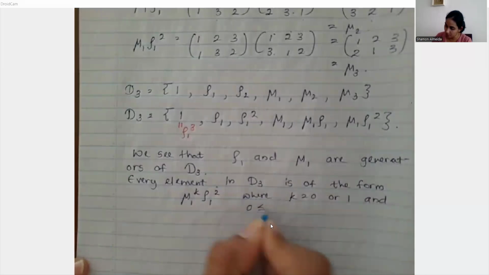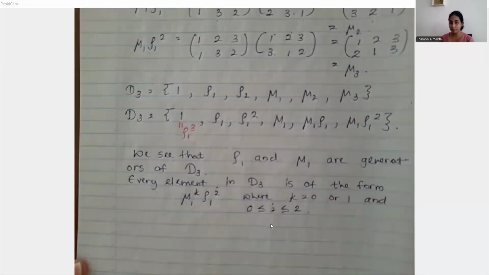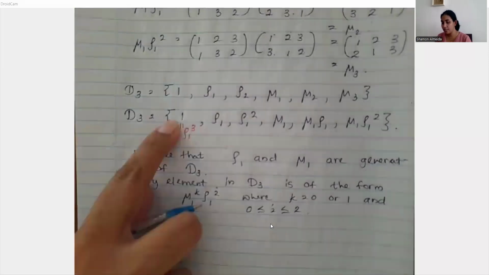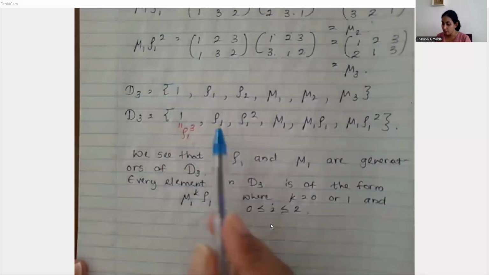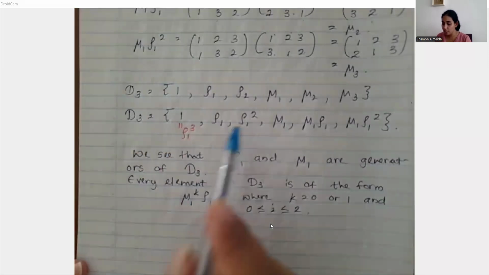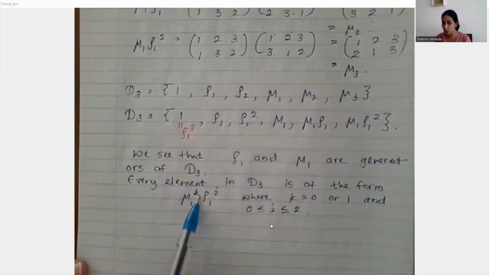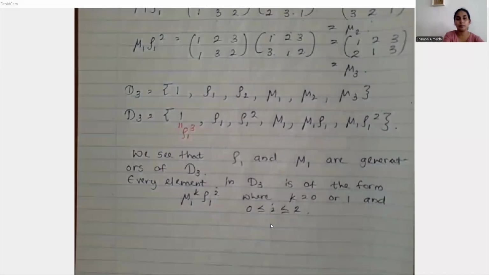So i is between 0 and 2, including the 2. If you look at the identity, it is given by mu1 power of 0, rho 1 power of 0. Rho 1 is given by mu1 power of 0, rho 1 power of 1. Rho 1 squared is given by mu1 raised to the power of 0, rho 1 squared. Mu1 is given by mu1 raised to the power of 1, rho 1 raised to the power of 0, likewise.